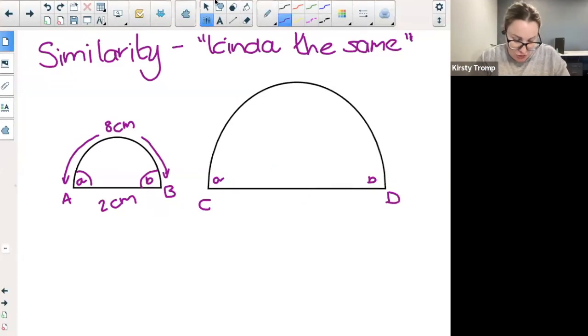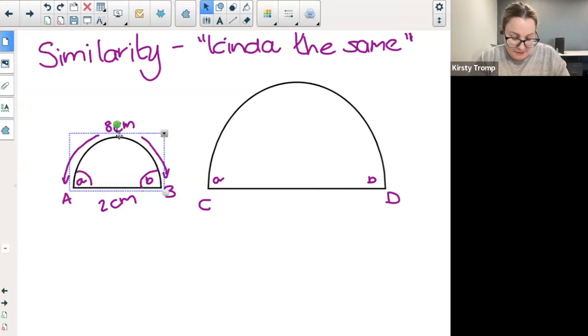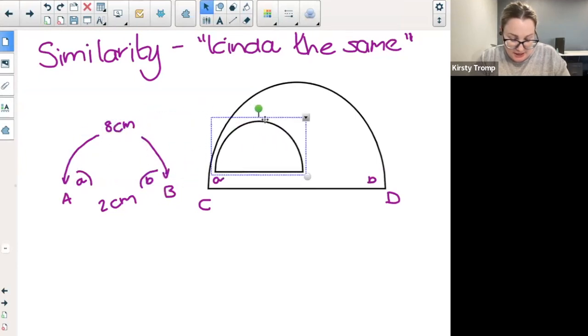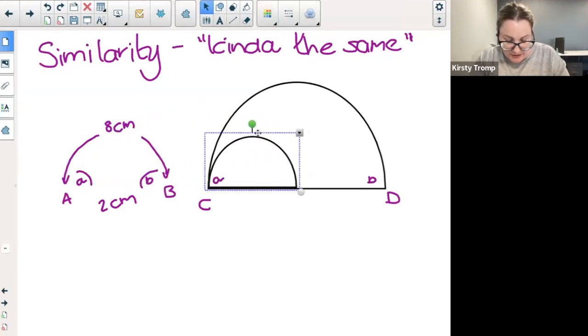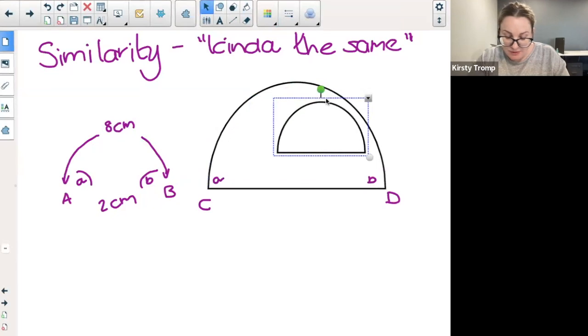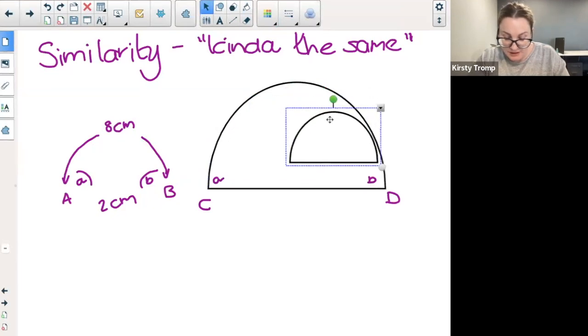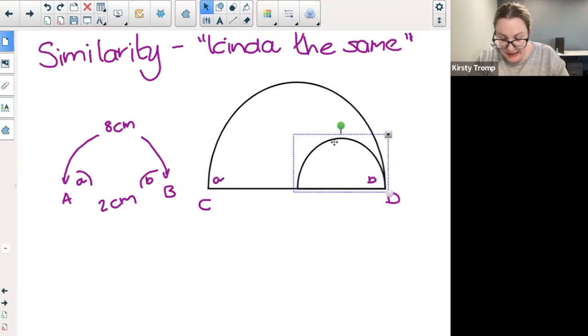Well, guys, I'm going to show you how it's possible. If I take my little shape over here and move it over, look at that angle. Can you see that that angle fits perfectly on that shape? So it's exactly the same. And if I move it to this side, that angle fits exactly the same and it's the exact same size.